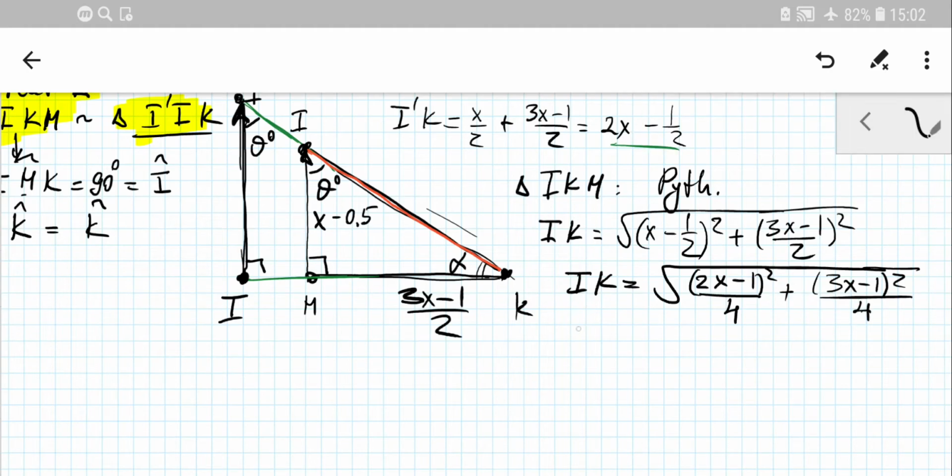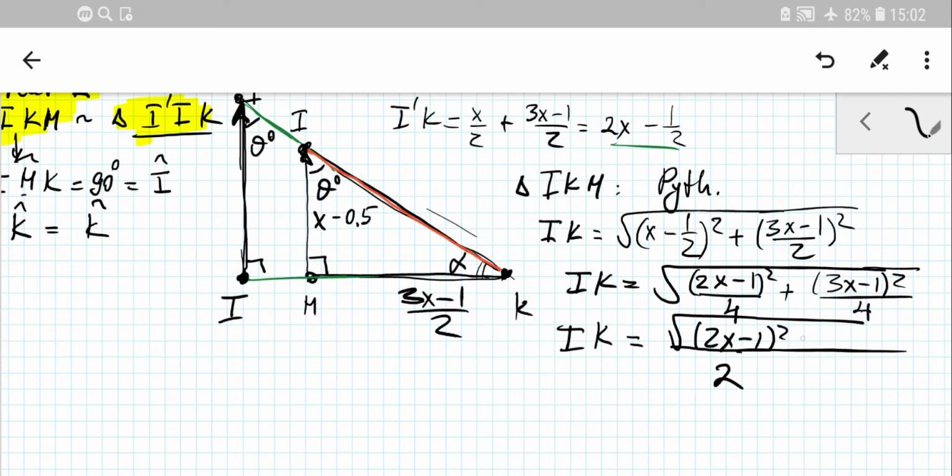Now we have a common denominator, so I can figure out the IK value as the square root of the top and the square root of the bottom. So I've got 2 in the bottom part, because with common denominators, they are the same. So the top is (2x minus 1) squared, and here we are going to add (3x minus 1) squared.